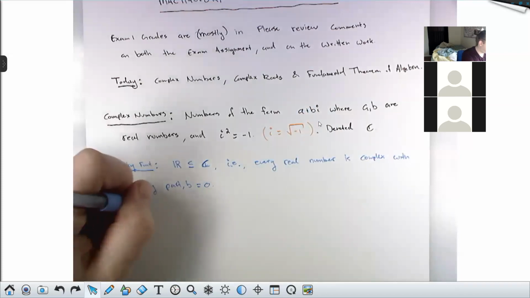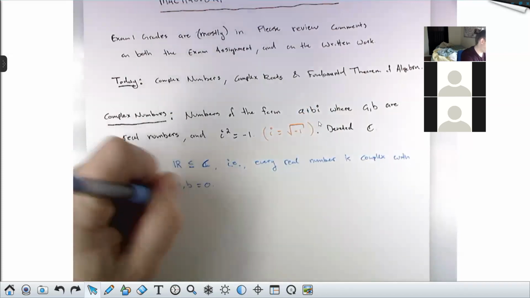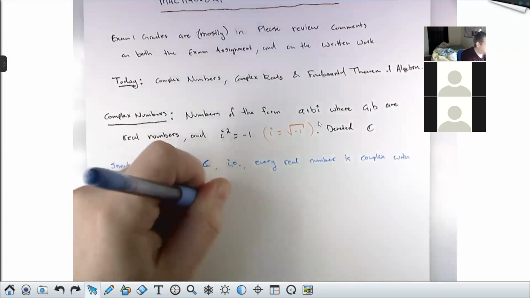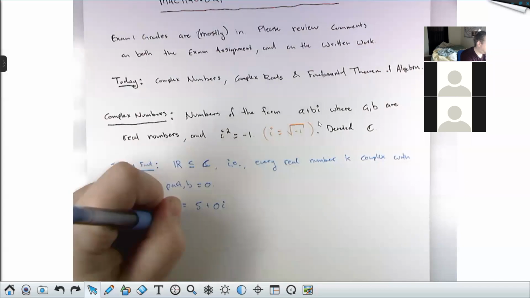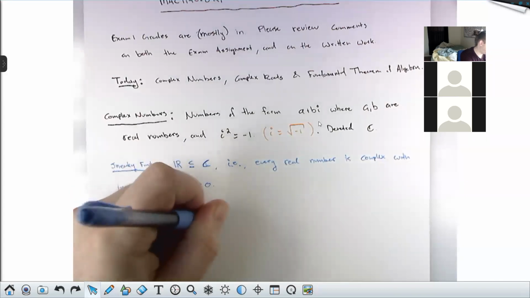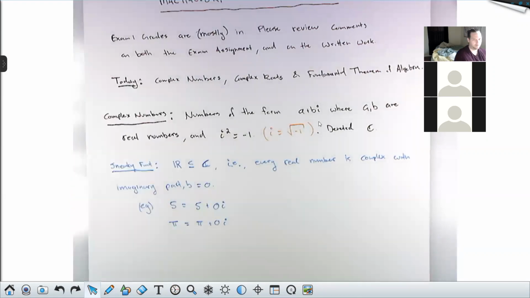So for example, 5 can be written as 5 plus 0i. Pi can be written as pi plus 0i. Every real number is also a complex number. It's just a complex number whose imaginary part is 0.